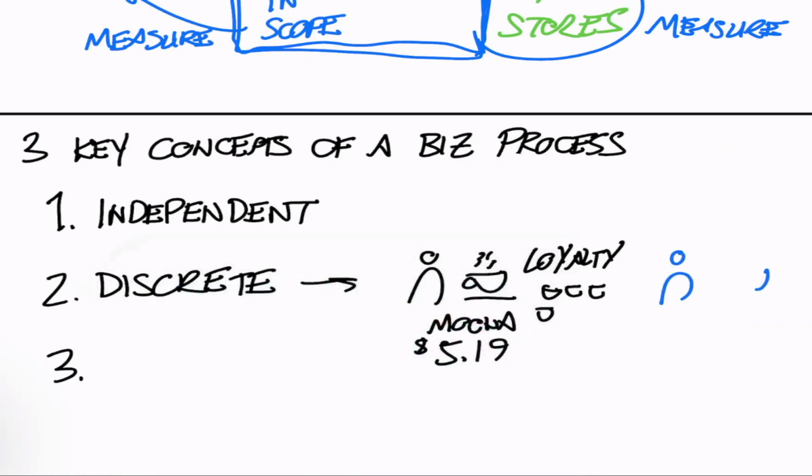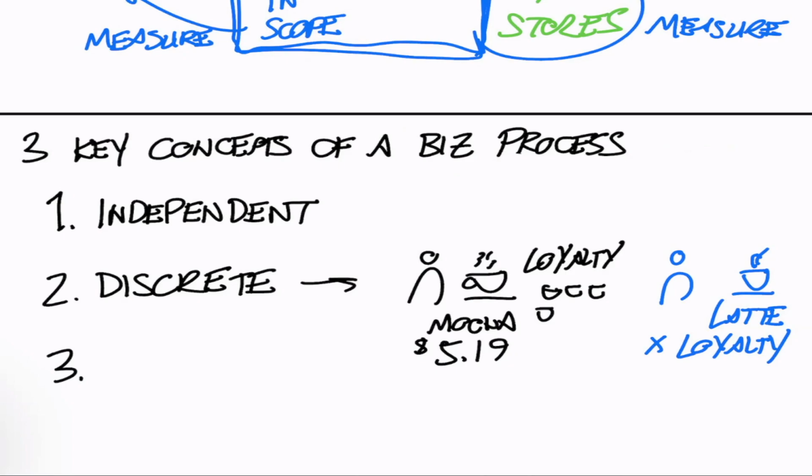Next customer that comes in, they like their latte. They may not be in the loyalty program. So they independently come in and trigger an ordering sequence, but it's discrete.